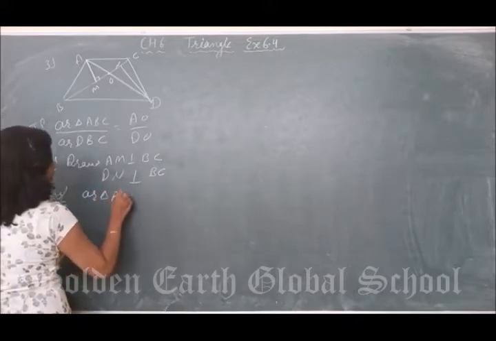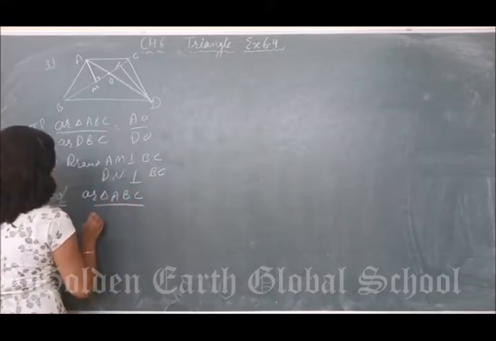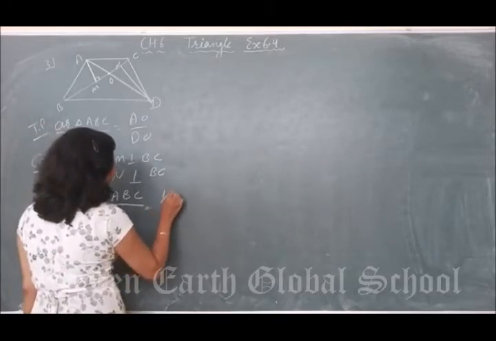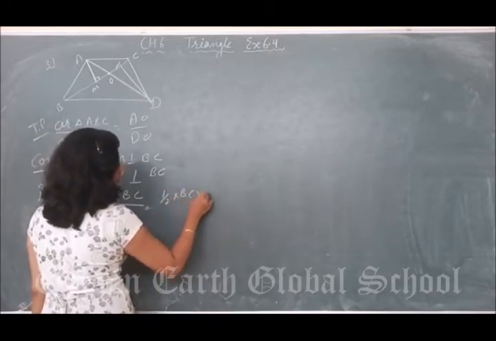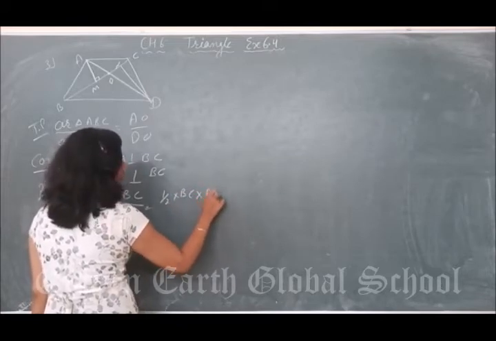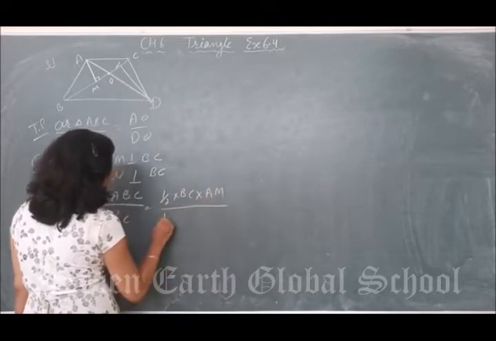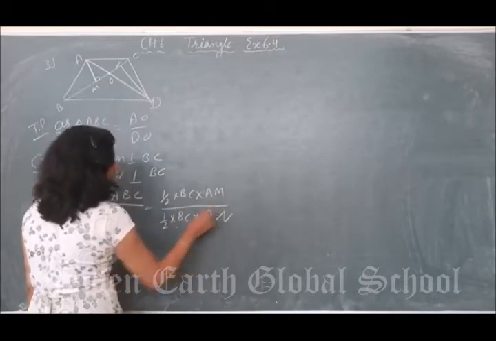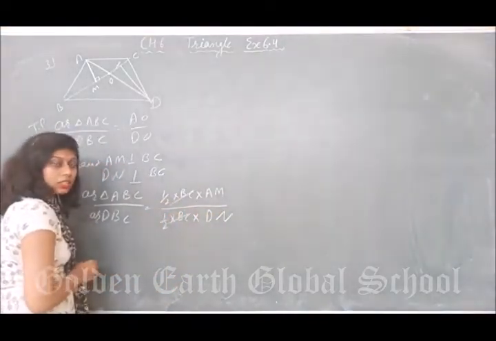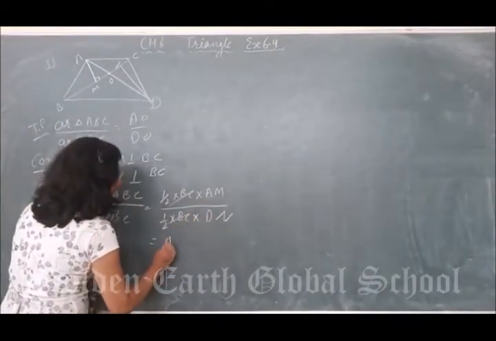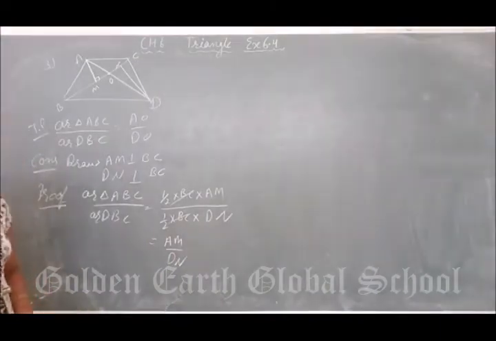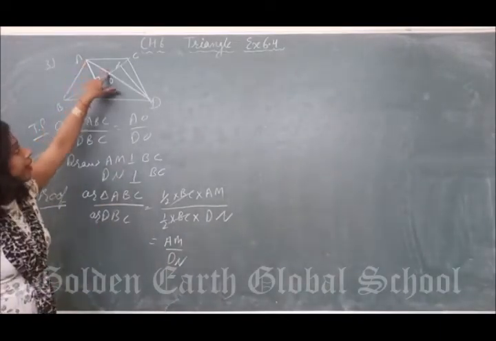Area of triangle is half into base into altitude. Altitude is AM. For this, half into base into altitude. Half and BC will be cancelled. So we get AM upon DN. But instead of AM and DN, we need AO and DO.